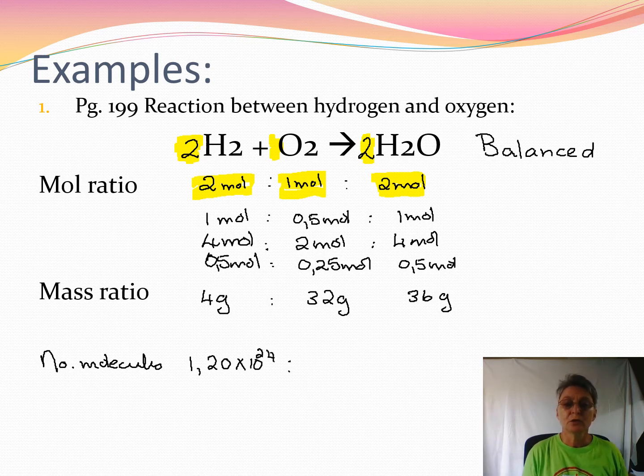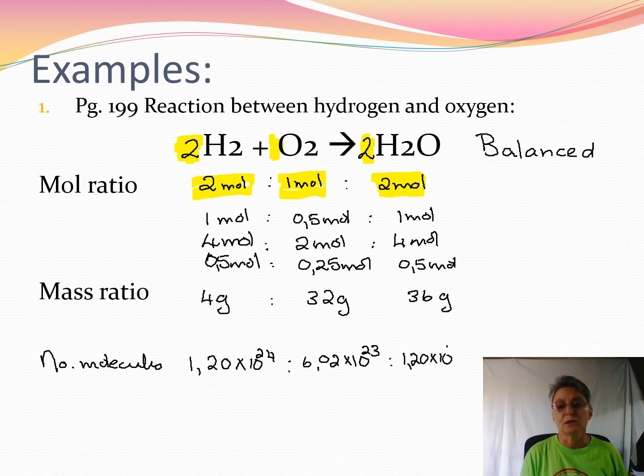And that would require 6.022 times 10 to the 23 molecules of oxygen, and it will give us 1.20 times 10 to the 24 molecules of water. So these things are all linked up.